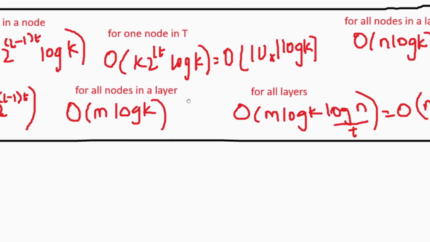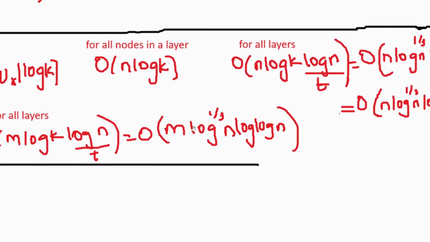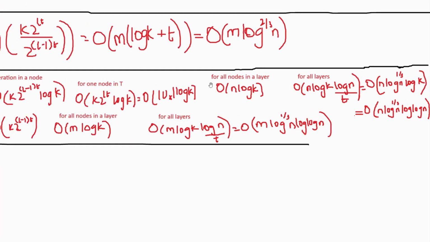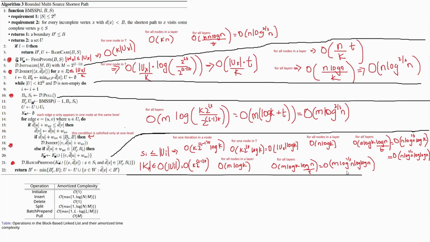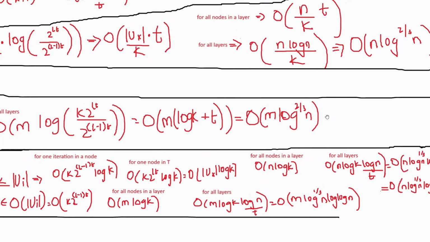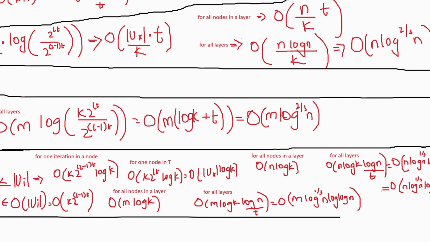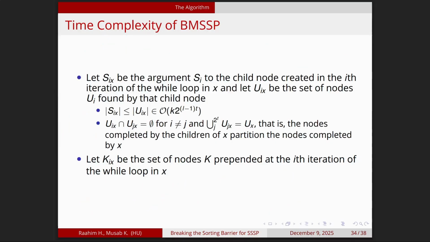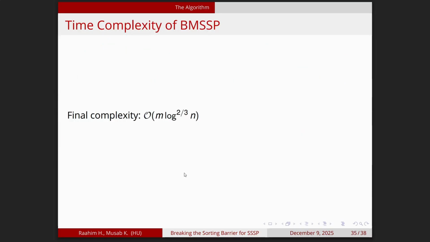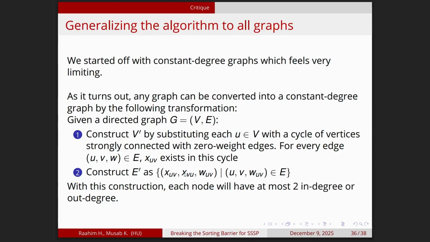Then we multiply this by the number of layers, and it works out to be m log to the 1/3 of n times log n. These are our final values across all layers. Across all of these values, we can see that m log to the 2/3 of n dominates. So at the end, we get our final complexity to be m log to the 2/3 of n.